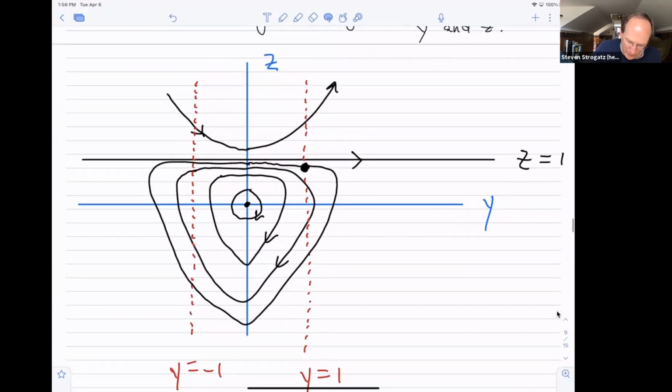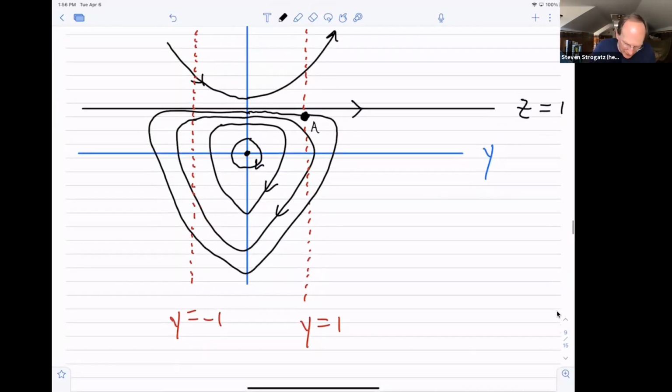Okay. So I want to call this point A, right there where I'm starting. Then I'm going to think about what happens when I get down to here. We'll call this location B. And then I'm going to come around till I hit, let's suppose, the line at this location.